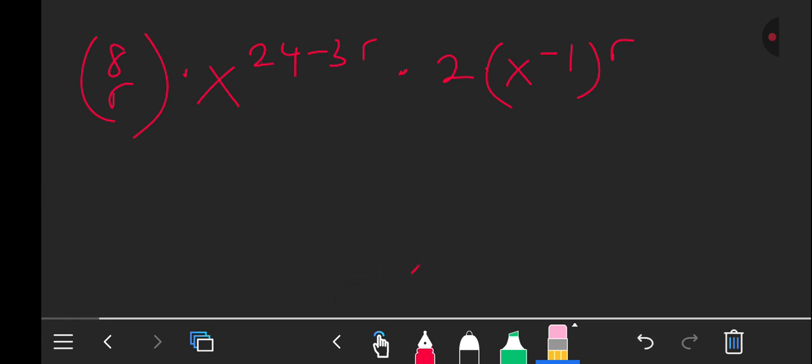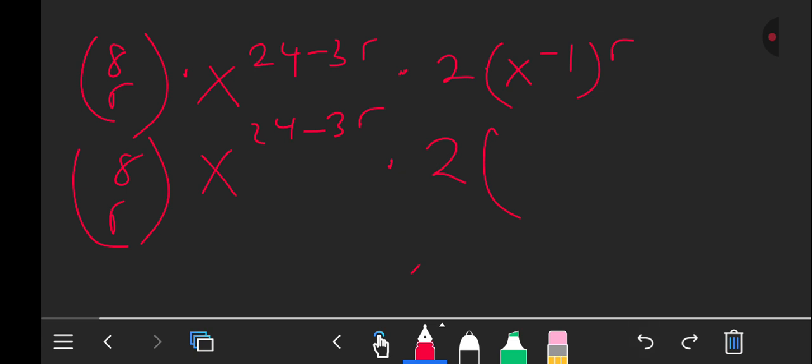So what do I have? So I have 8 combination r, then x to the power 24 minus 3r multiplied by 2, then 2 multiplied by x to the power negative 1 multiplied by r, it's just negative r. At this point, I'm going to ignore these two.